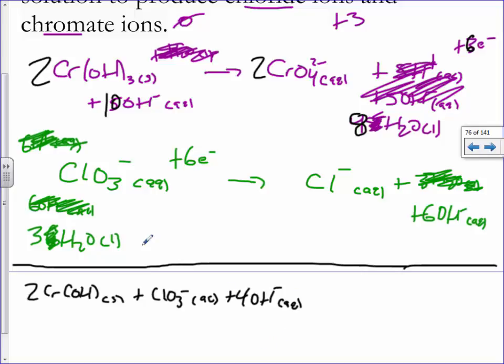In terms of water, there's 3 water over here, but there's 8 on the other side. So we're going to need 5 waters as a product. You're going to need 2 chromates and 1 chlorine. I think that does it.